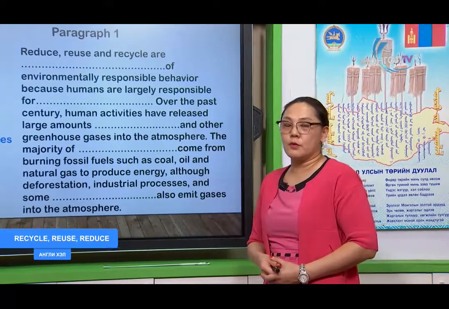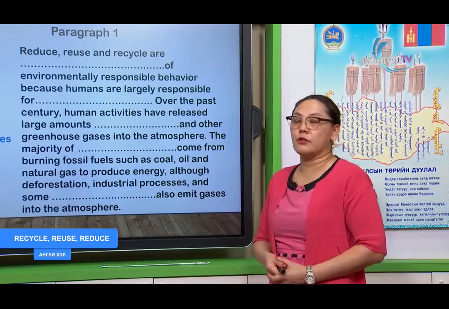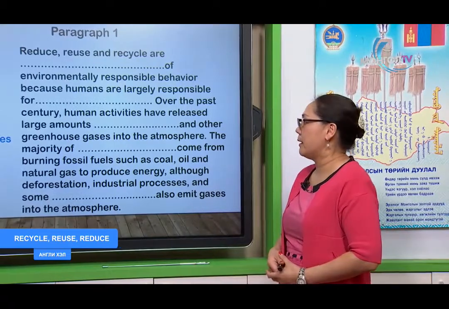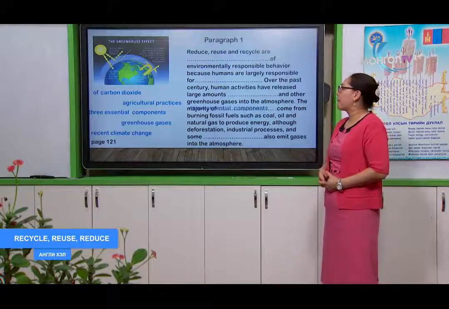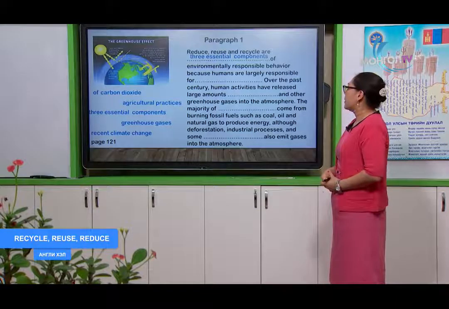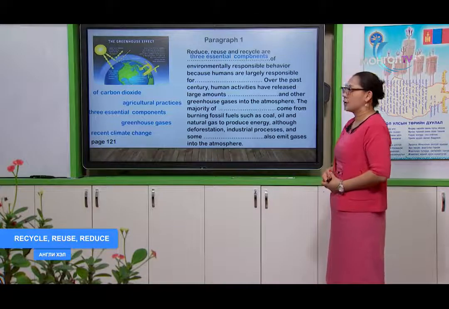When you read the text, you have already chosen the words. Let's check now. Are you ready? Three essential components of environmentally responsible behavior. Next one, what do you think?